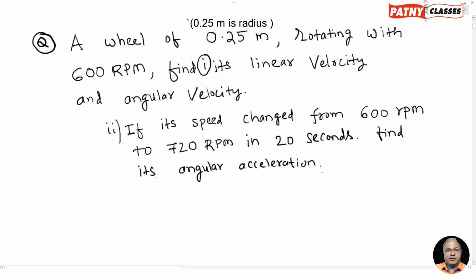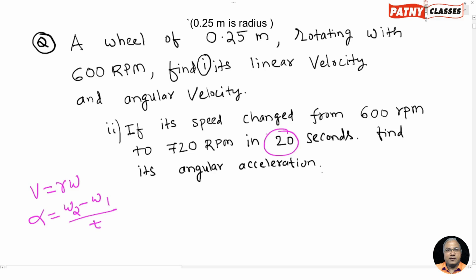Here, first we need to find the angular velocity, because to find linear velocity we need r omega. Without that we cannot find the linear velocity. As well, to find angular acceleration, we need the omega values, omega 2 minus omega 1 upon t. That time, 20 seconds, is given in the question.